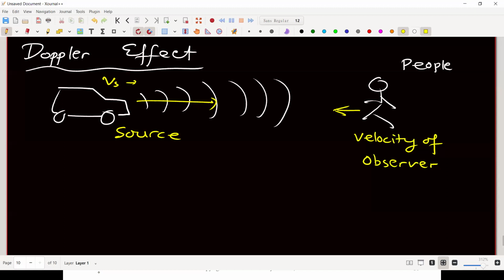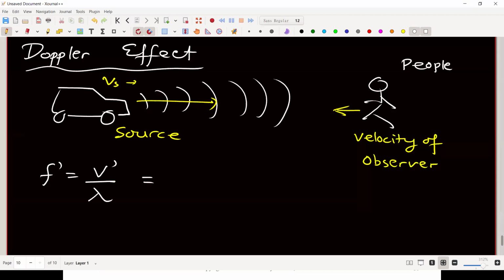So the frequency will be different. Here the frequency f prime is equal to v prime divided by lambda. This one is the v of sound, the speed of sound, and then VO we call the velocity of observer. So this one becomes v plus VO divided by lambda. The velocity will be higher if the direction is opposite.